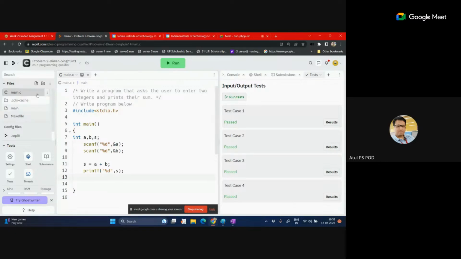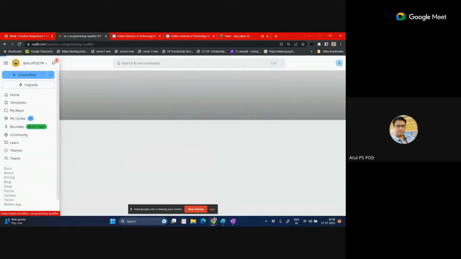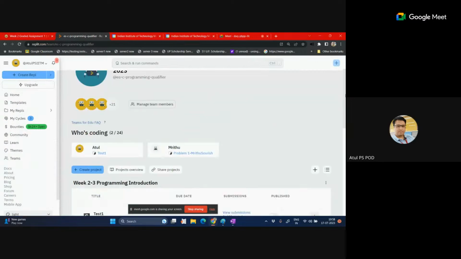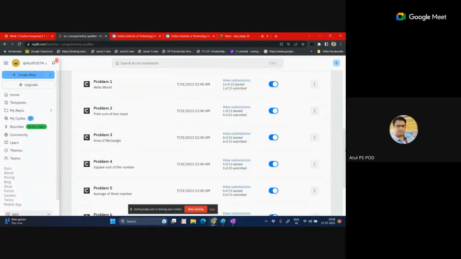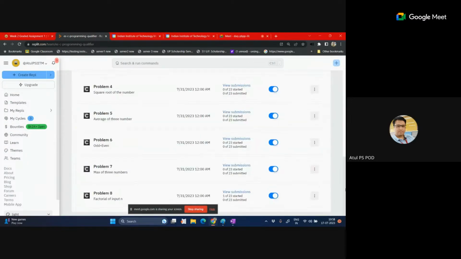Okay, just try to solve all these problems which are configured. Okay, so these are the basics, and the last 3 problems are actually based on conditional statements. Okay, if you know conditional statements, you can solve these. These are very basic problems, simply odd, even, or checking the maximum of 3 numbers.